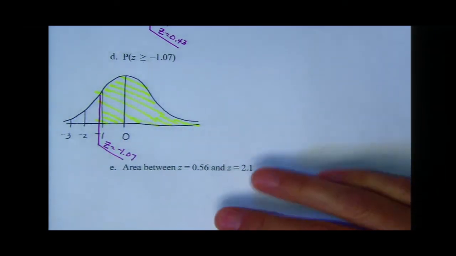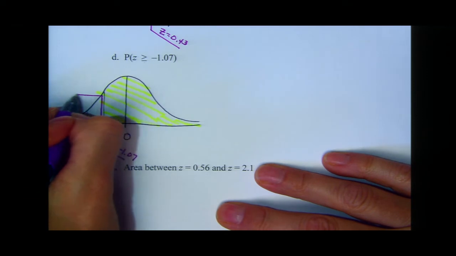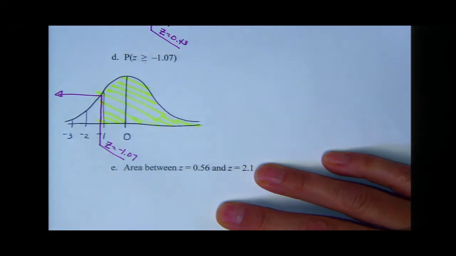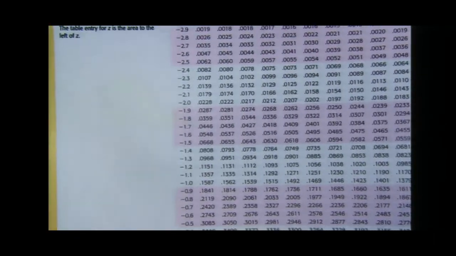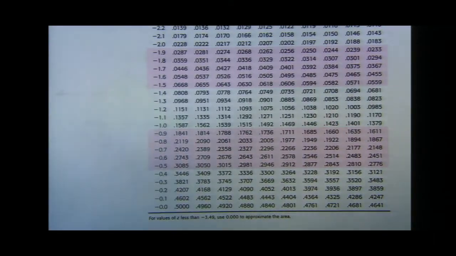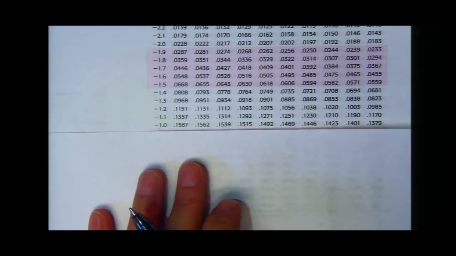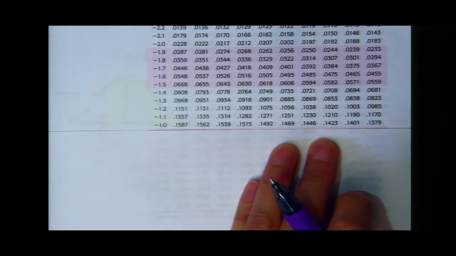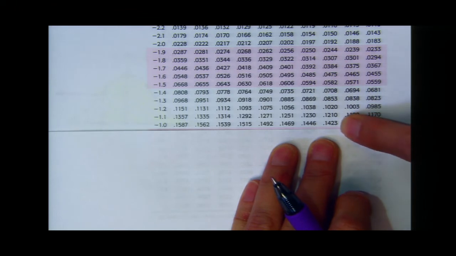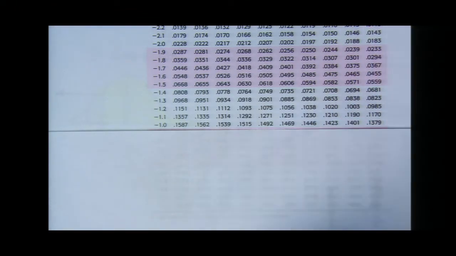Well, again, our table gives us the probability or the area to the left. So when I go to negative 1.07, so here's negative 1.0, and at the top I'm going to look for 7 in the hundredths place, and I get 0.1423.